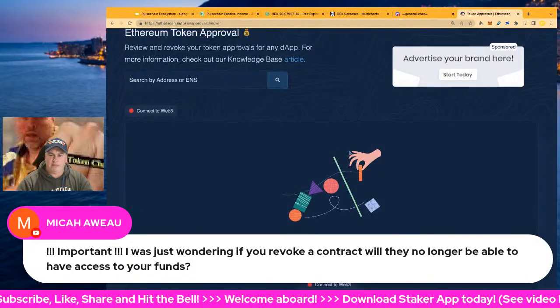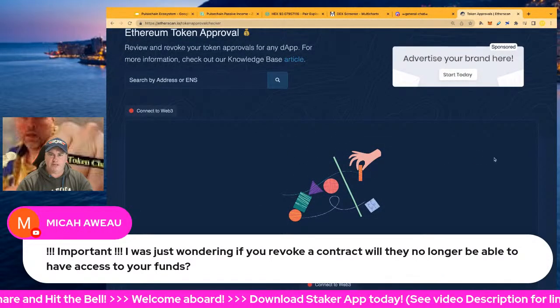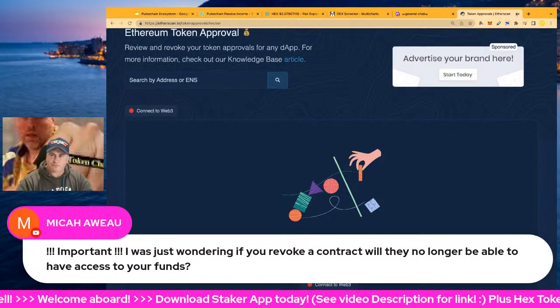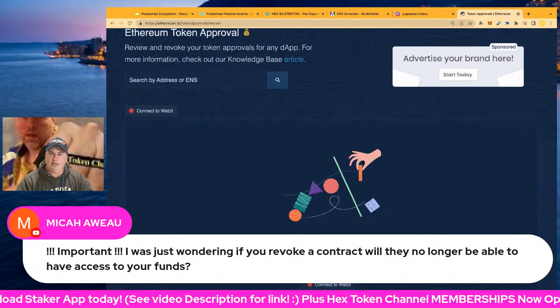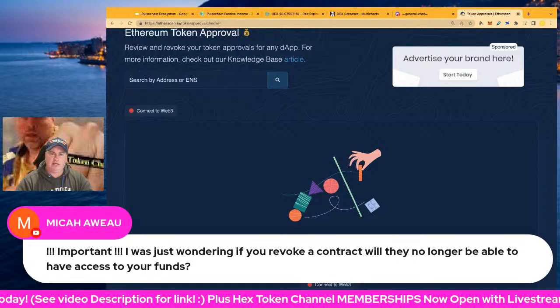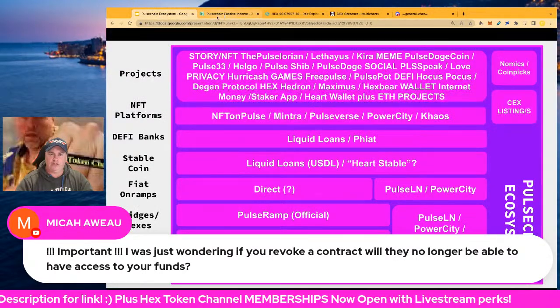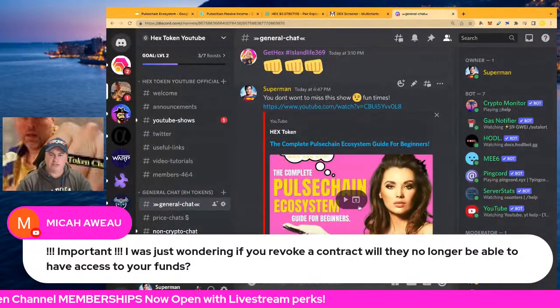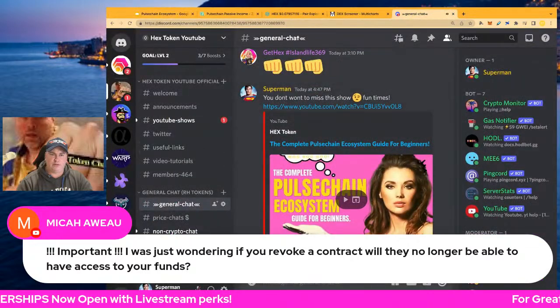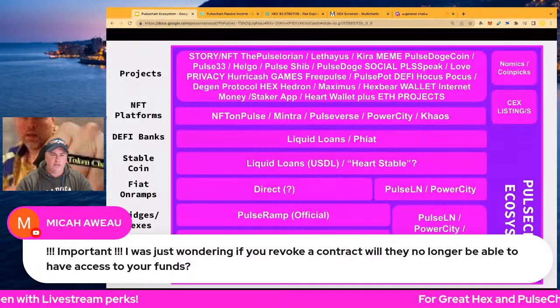It will take a minute, maybe a couple of seconds to show up, but you can actually remove particular token approvals if you've done some spends on them. I suggest you do it straight away to avoid any issues there. And if that's not the issue, then you should seek some further advice. Maybe get onto Discord. You can get on Discord here and have a chat with some of the people on there for sure.